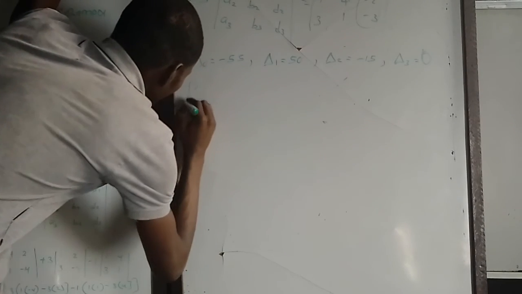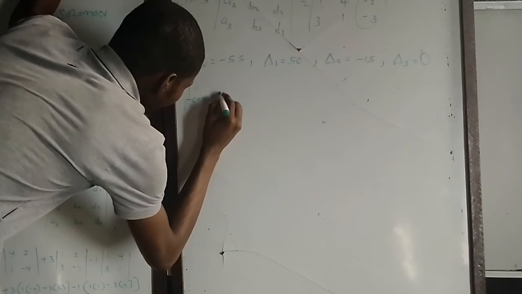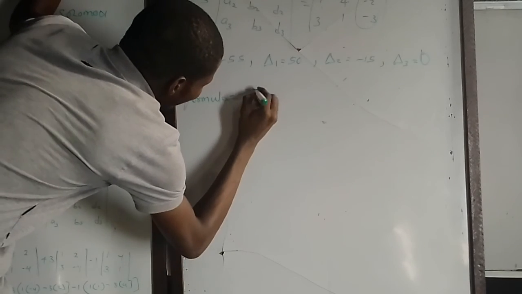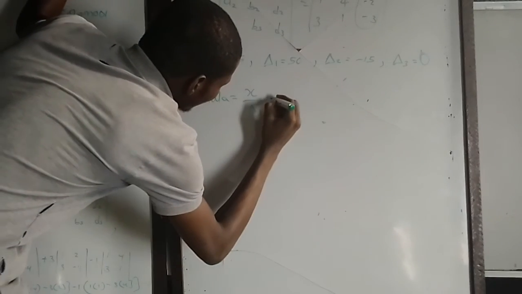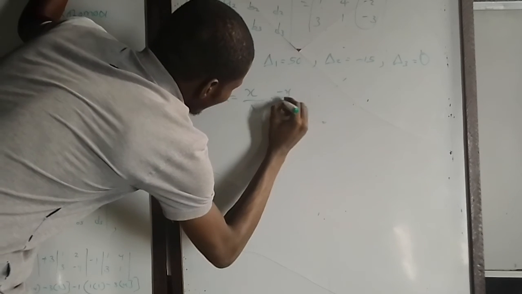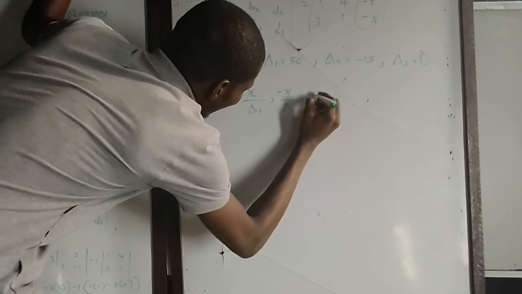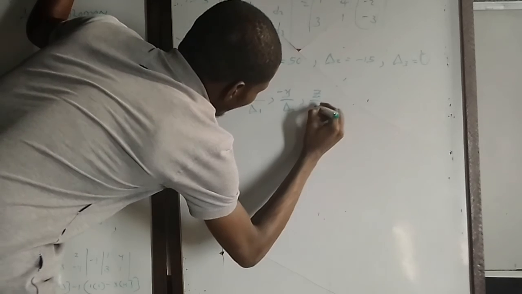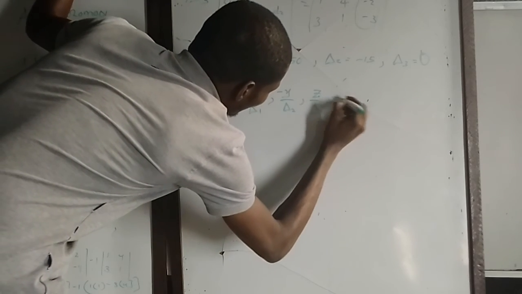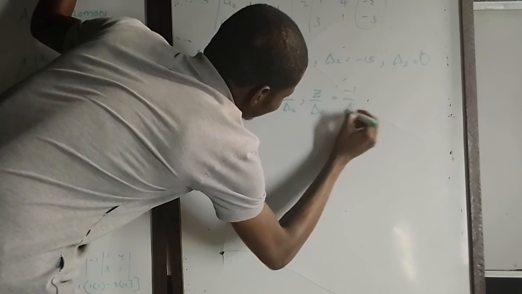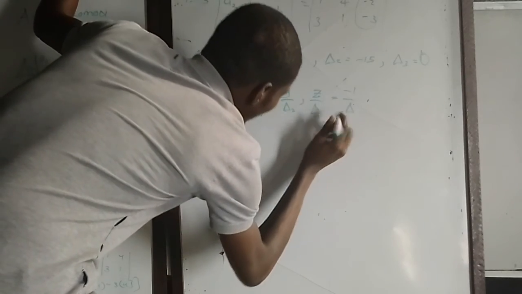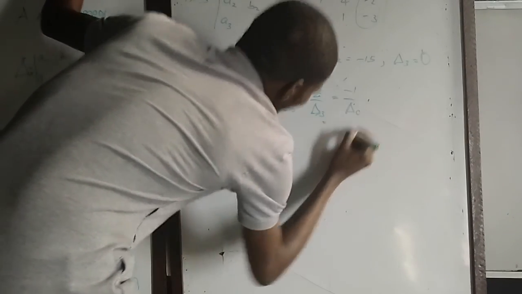So do you understand? So now the formula to calculate this final answer is you are going to have x over d1, comma, minus y over d2, comma, z over d3 equals to minus 1 over d0.